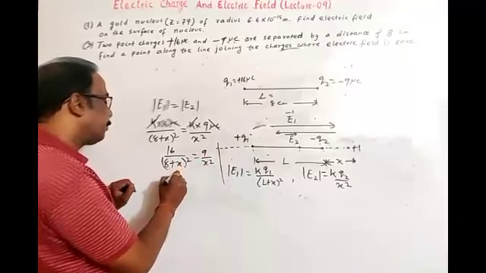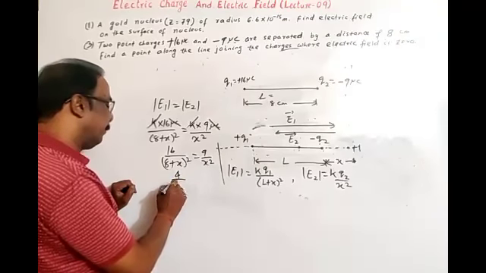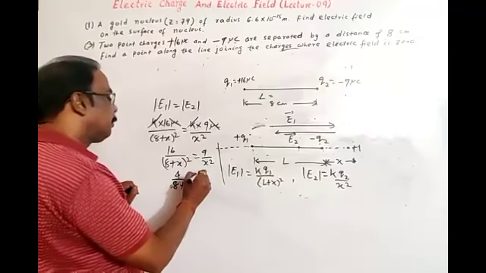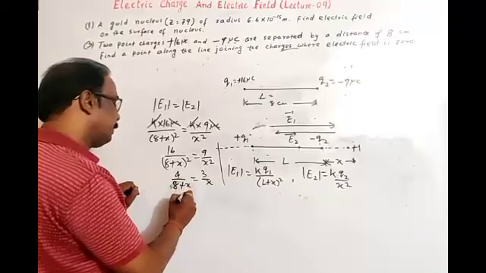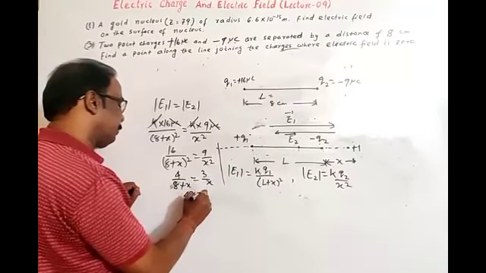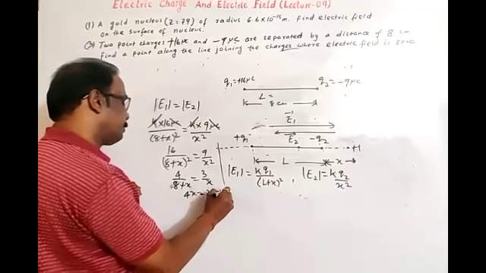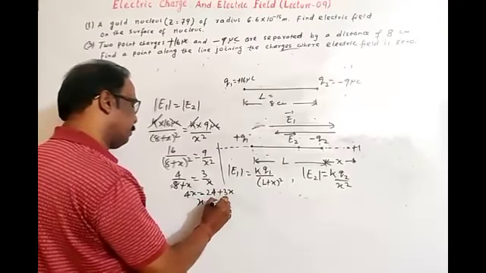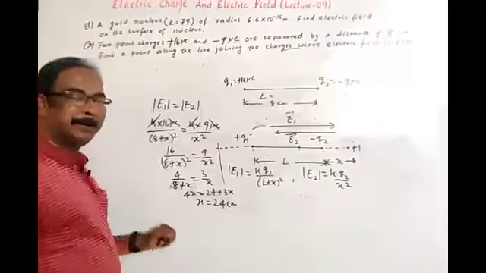Now taking square root on both sides, 4 divided by 8 plus x equals 3 divided by x. Cross multiplying, 4x equals 24 plus 3x, then 4x minus 3x, that is x, equals 24 centimeter.